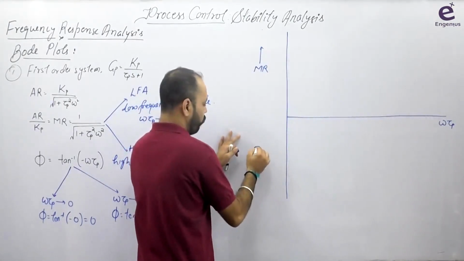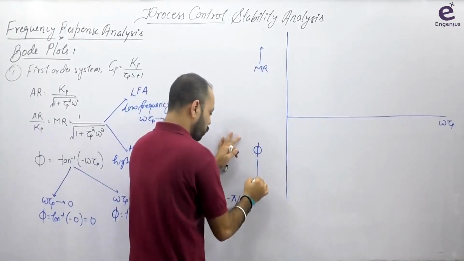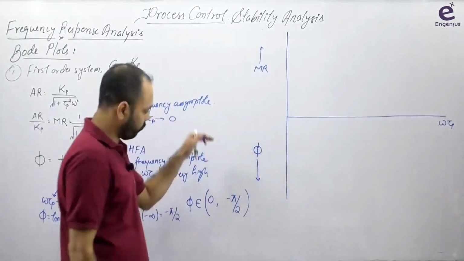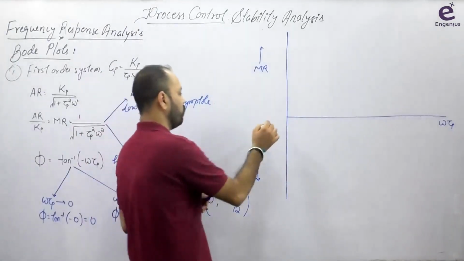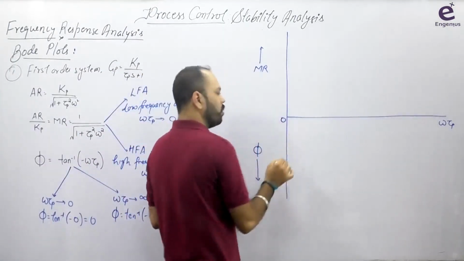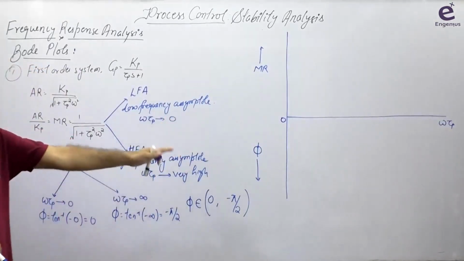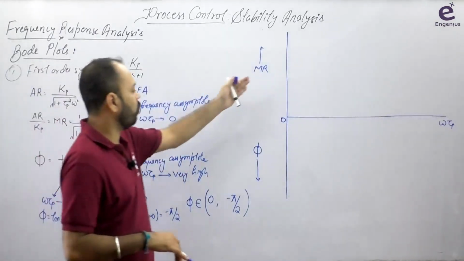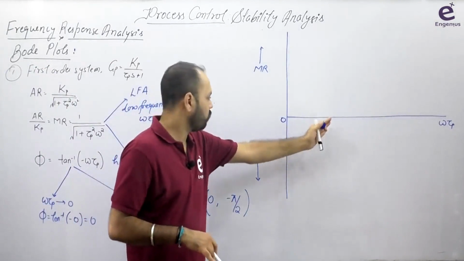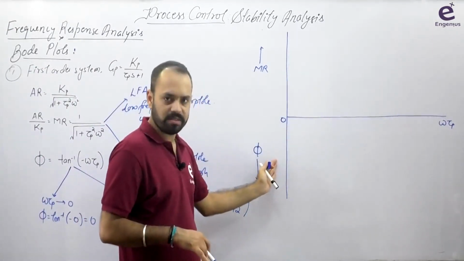Here phi is in degrees, and phi becomes more negative in this direction. This is phi equal to 0. You can make two separate plots also, but because the x-axis is common, and this is a log axis, I keep them together, log and Cartesian axes.